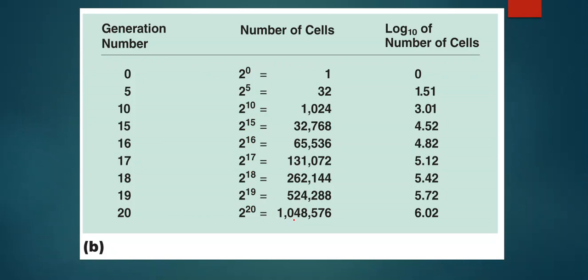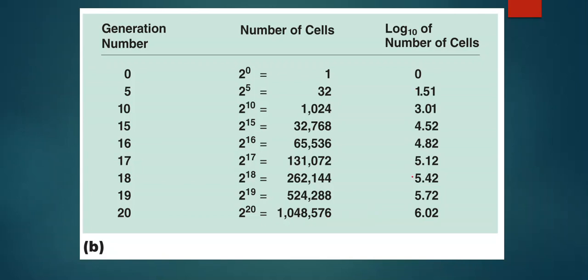Can you imagine trying to plot 1 million on a graph? That's going to be nuts. So in order to better get a handle on these cells, how to quantify them and how to represent them on a chart, we're just going to use the log base 10 of that.